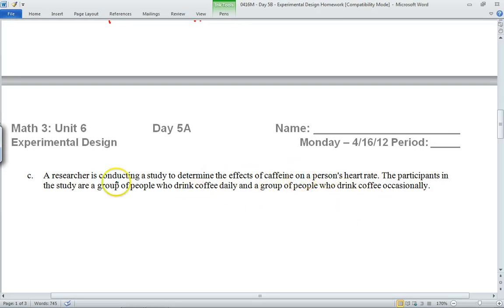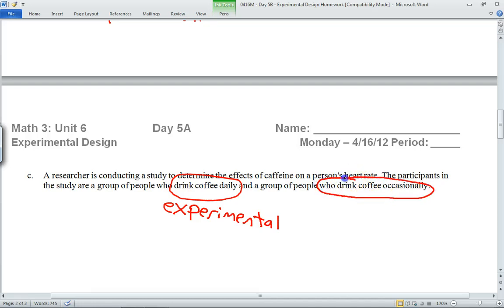But the best we can do, the people who drink coffee daily, experimental or control? Yeah, we're going to go with experimental. Alright, they have all the caffeine. The people who drink coffee occasionally, they have less caffeine, so they are going to be the control group.